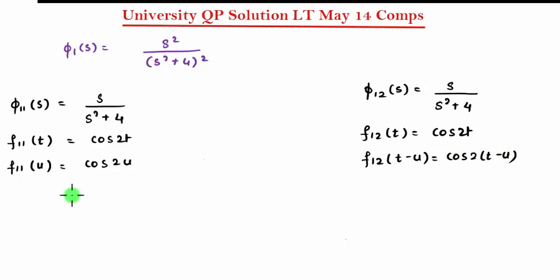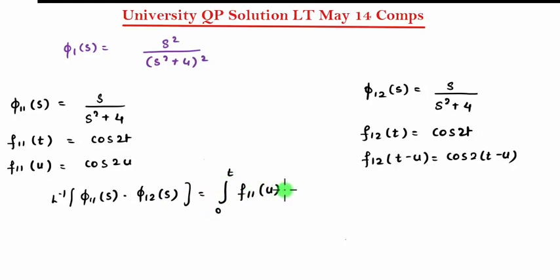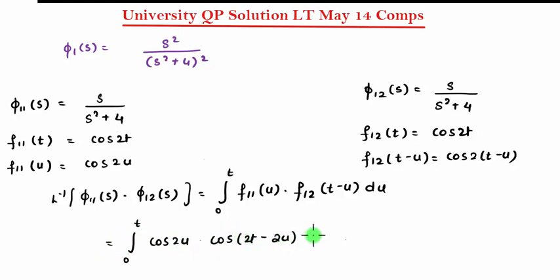Putting into the formula, I can say L inverse of phi 11 of s into phi 12 of s comes to be the integral from 0 to t of f11 of u into f12 of t minus u du, which I can say as the integral from 0 to t of cos 2u into cos (2t minus 2u) du.